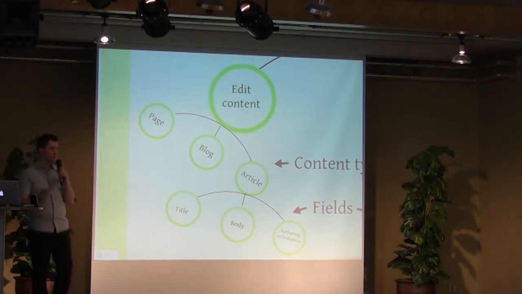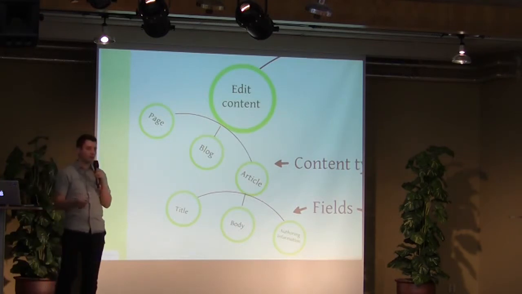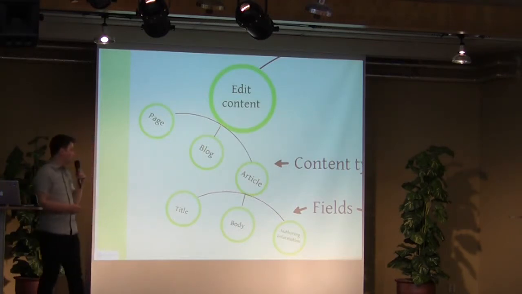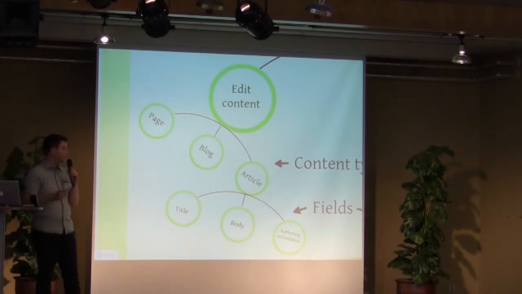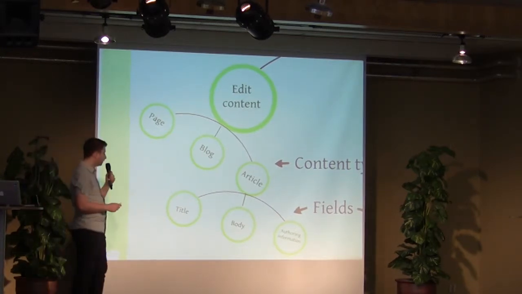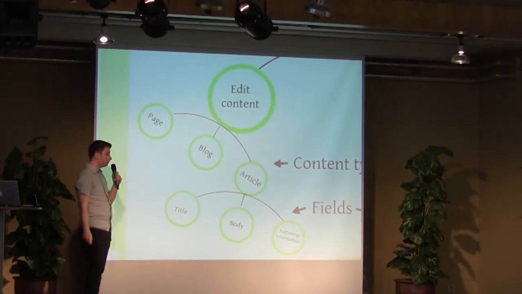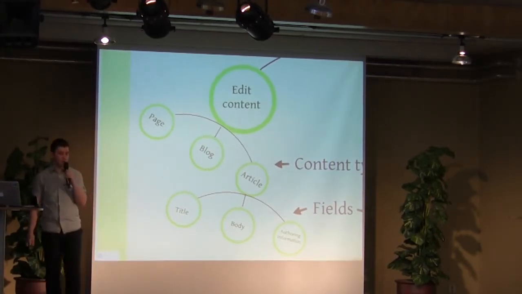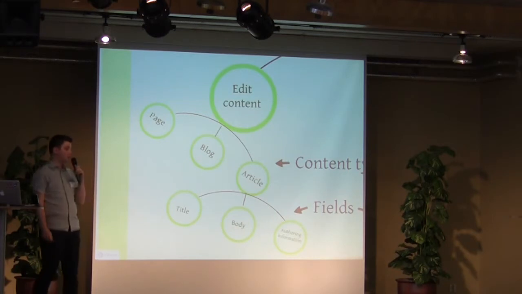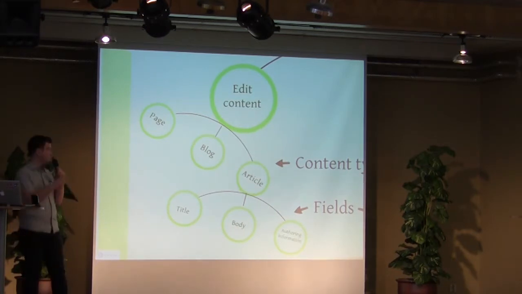That means that the user can edit all the fields in the article content type. And you can even specify the fields. So let's say the user has the edit content article title permission. That means the user can edit the title field in the article content type. And that's the same logic for the view content permission as well.